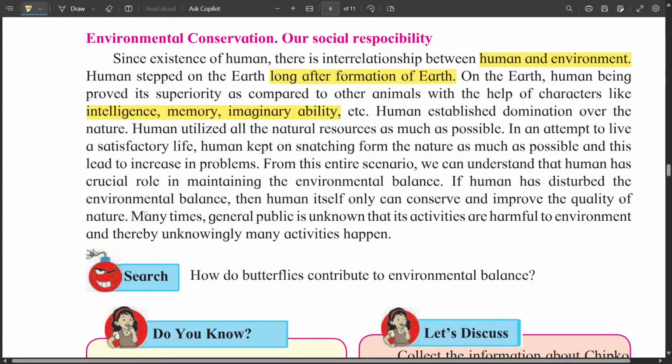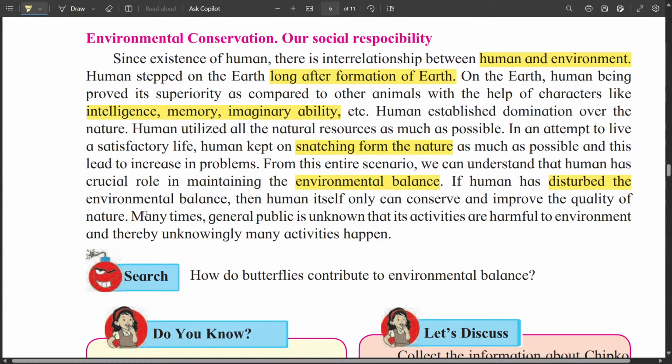In an attempt to live a satisfactory life, human kept on snatching from nature as much as possible, and this led to an increase in problems. From the entire scenario, we can understand that human has a crucial role in maintaining environmental balance, because it is the human who has disturbed the balance. Human itself only can conserve and improve the quality of nature.